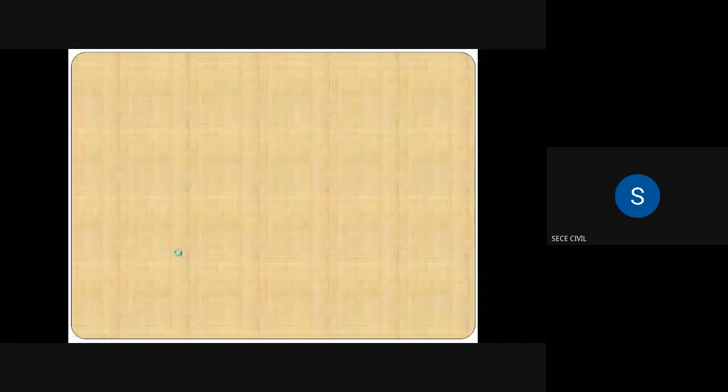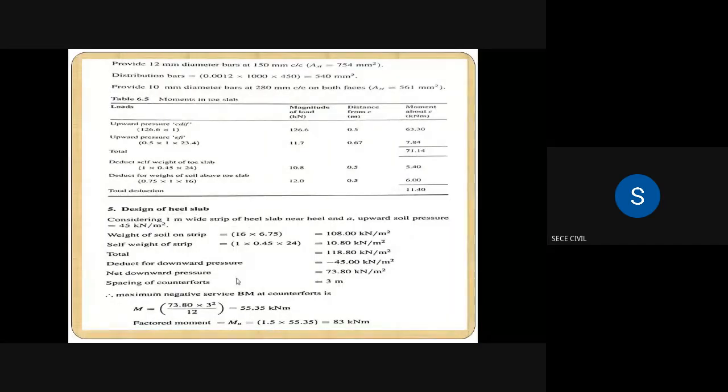Okay. So in the heel also we already calculated the pressure. The net pressure is 73.8 kilonewton per meter square. Okay, we already calculated this value. Here, the net downward pressure is 73.8 kilonewton per meter square, so we are using this pressure.